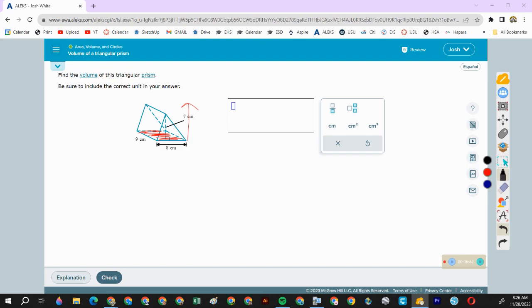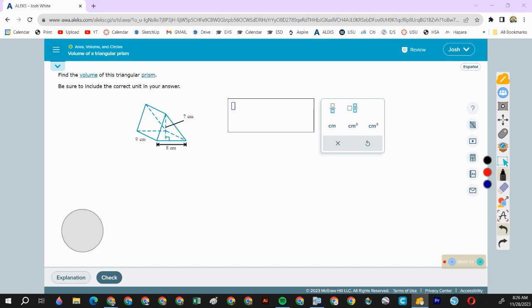No. So what we need to do is set the prism on its triangular side. Like this. And now, if I find the area of the base, then I can multiply that area by the height. So we're going to find the area of the triangle and then multiply that through this direction.